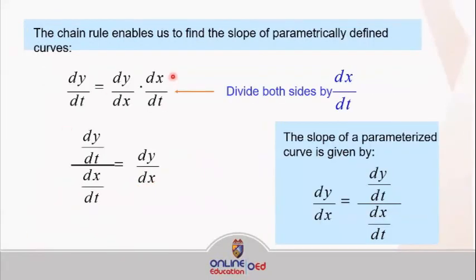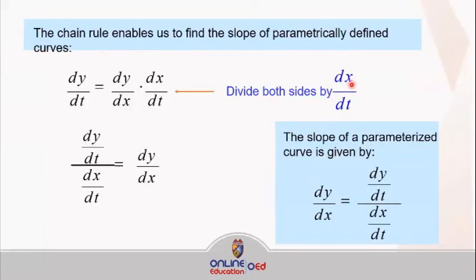And then the chain rule enables us to find the slope of parametrically defined curves. Example lang naman to, again, we have here yung chain rule natin, which is dy over dt is equal to dy over dx times the dx over dt. And then sabi dito is divide both sides by dx over dt.